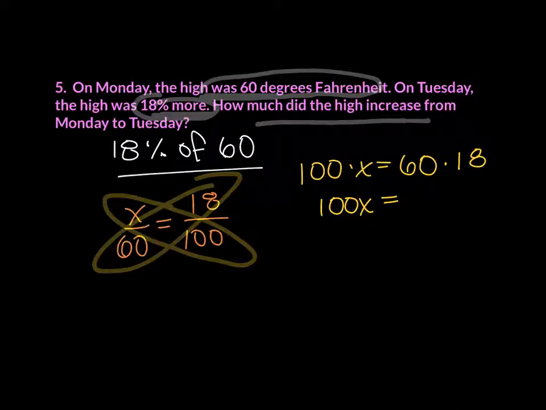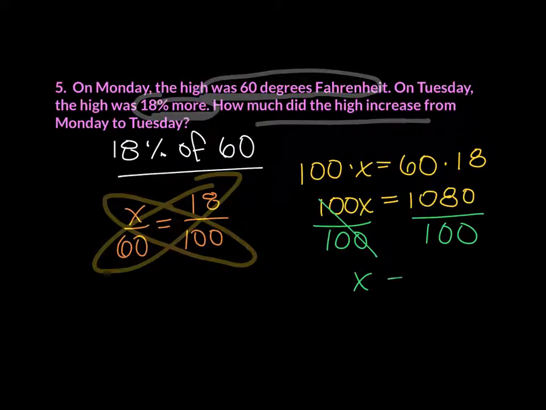That's equal to 60 times 18, which is 1080. I'm going to divide both sides by 100. These two cancel. I'm left with x equals, and that 100 means I move the decimal back 2 places, 10.8 degrees Fahrenheit. Here's your answer.